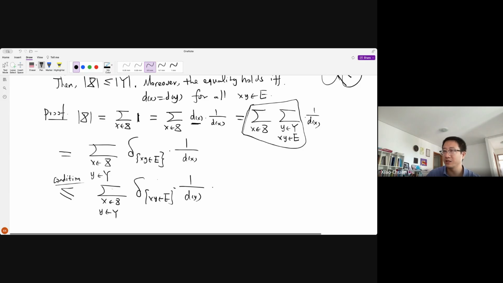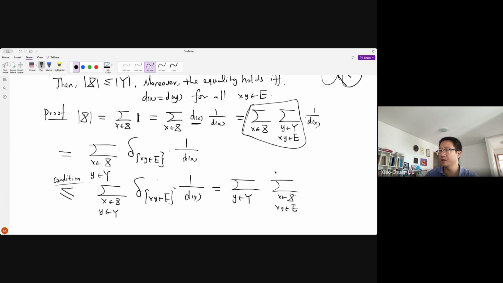Okay, so we just return because this guy equals. Now I decide to put y first, and then I put x in x such that xy is an edge.